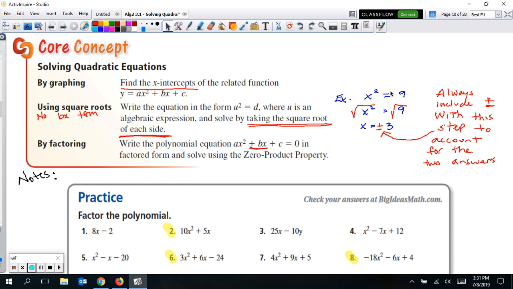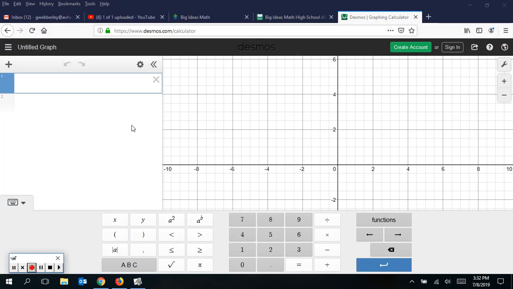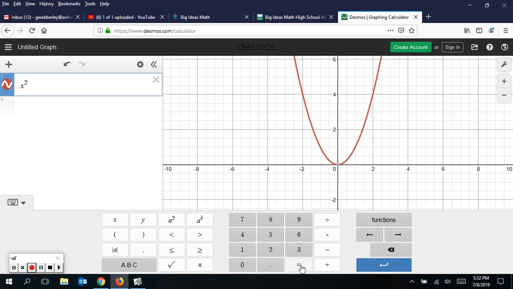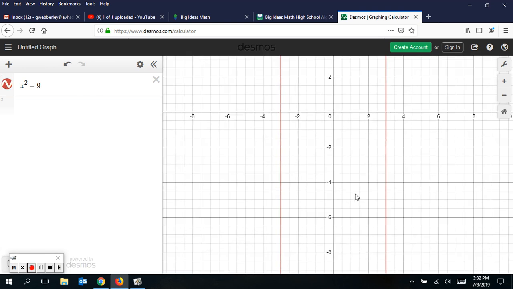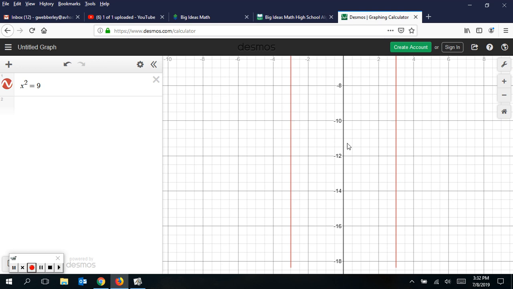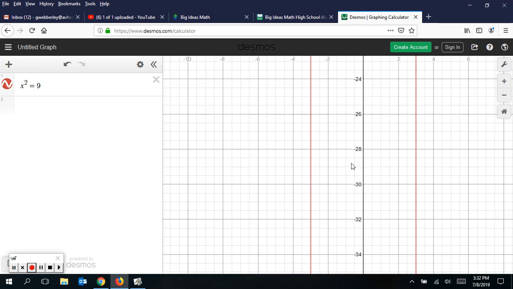because if we were to graph this and use the Desmos calculator, in fact, let me show you that really quick. And here's the Desmos calculator. If I type in x squared equals 9, there's the equation. Let's take a look at what this looks like. It's the parabola. Let's go down and see where the vertex is way down there.